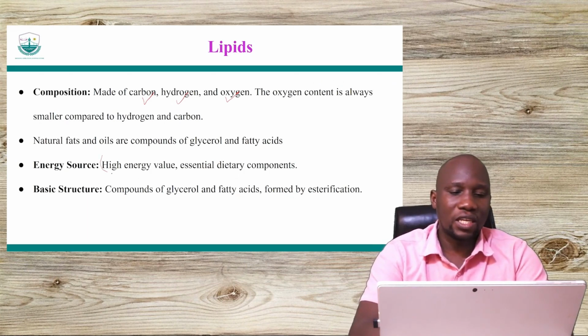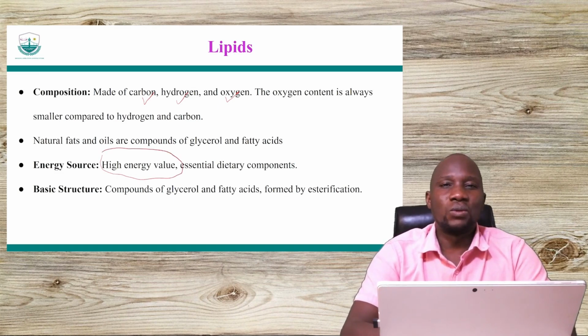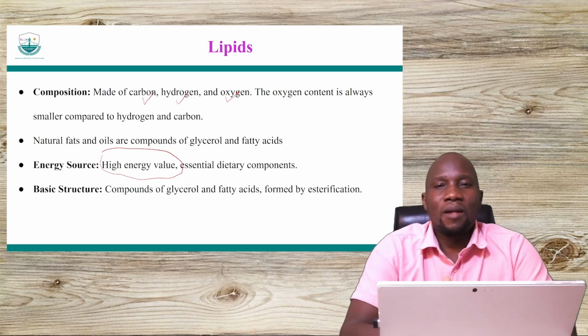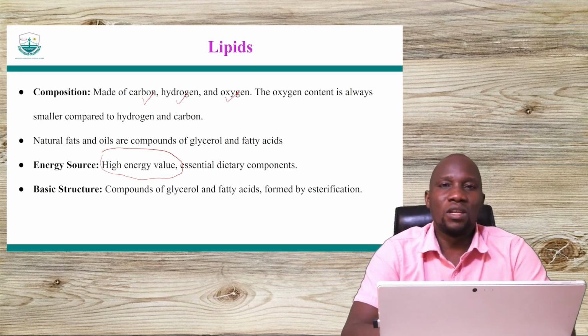We are also noting that lipids have high energy value in comparison with the other major macromolecules. What does this imply? When you burn the same quantity of protein, carbohydrates, and lipids, you'll get more energy from burning lipids than from either of the other two.